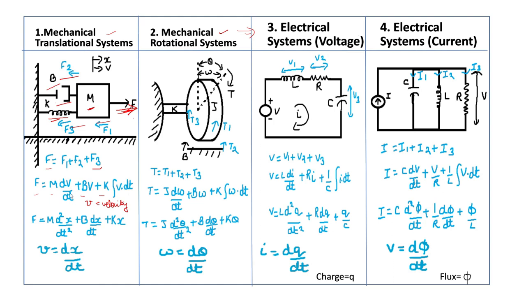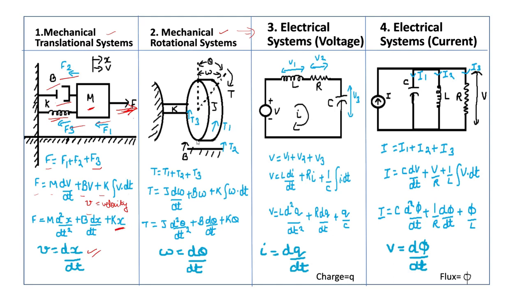And then in terms of displacement, F is equal to m into double differentiation of displacement with respect to time plus b dx by dt plus kx. And we all know v is equal to dx by dt. So by using this, we have written this equation.